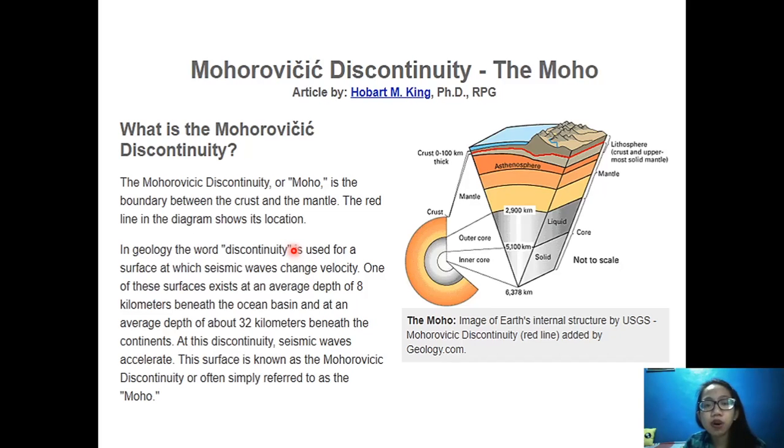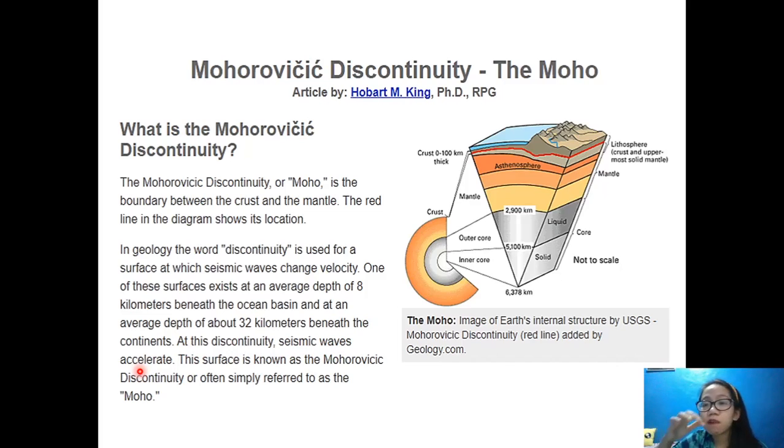Okay, so the Mohorovicic discontinuity, or simply called the MOHO, is the boundary of the crust and the mantle. Now, why do we call it a discontinuity? Because if we have seismic waves running through the crust and the mantle, at this discontinuity, seismic waves accelerate.